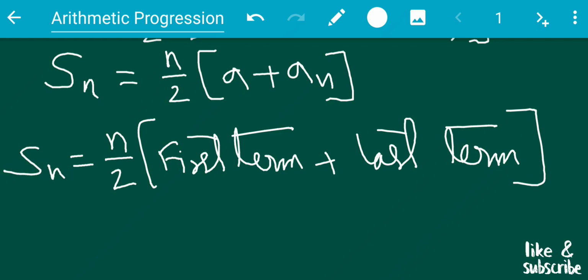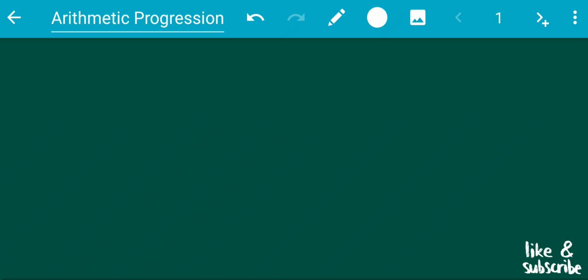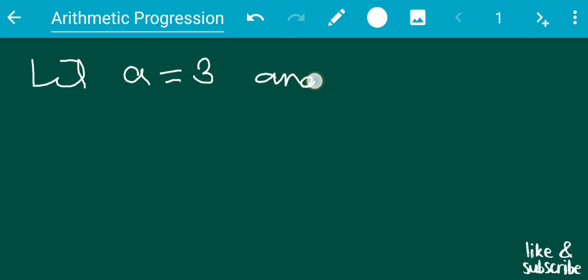So this is how you find the sum of n terms of AP. Suppose we take an AP where a is equal to 3 and d is equal to minus 1.